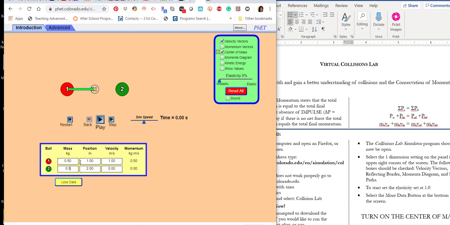Let's see what we're talking about here. Let me make mass 1 bigger, twice as big. You see how that shifted the center of mass over here. Imagine this were a long, heavy bar, heavier on the side where mass 1 is and lighter on the end where mass 2 is.